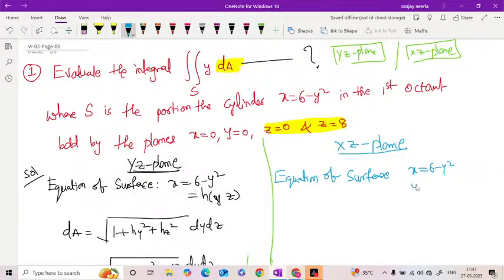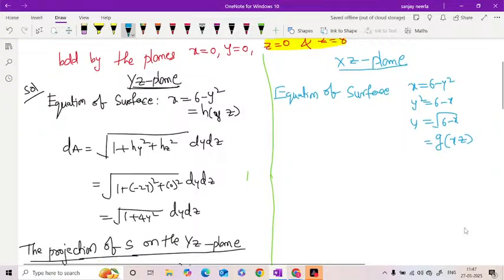That means y square is equal to 6 minus x. Now y is equal to under root of 6 minus x. This is the function, and I am assuming this function is the function g. Function g must be in terms of x and z.